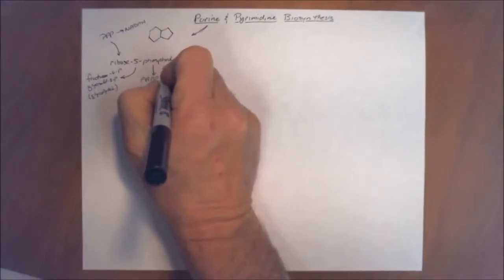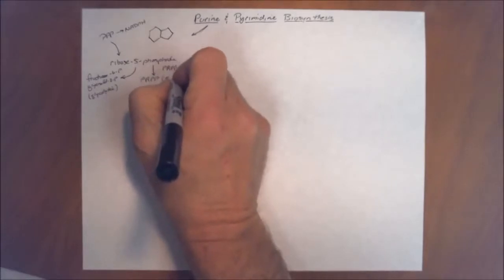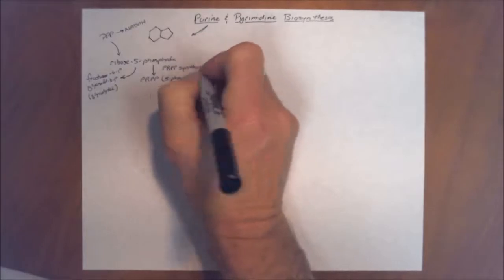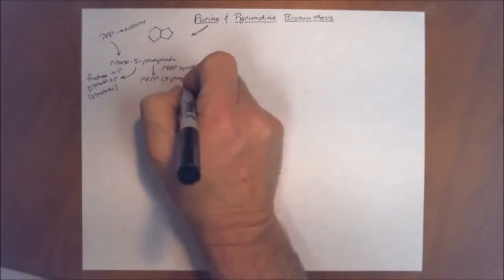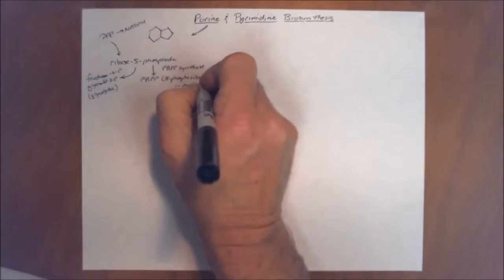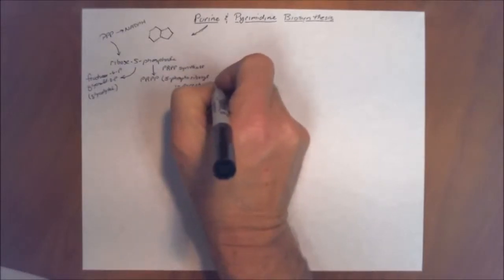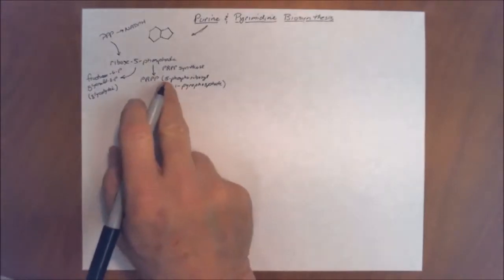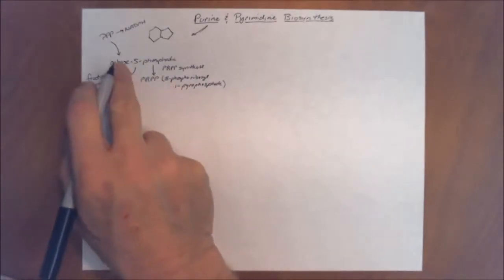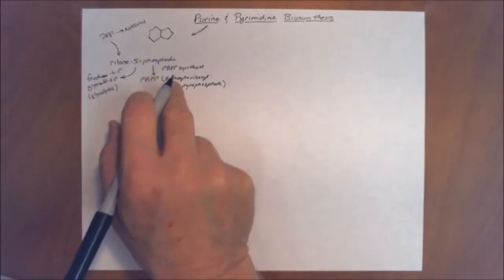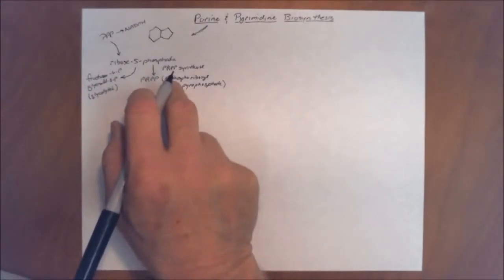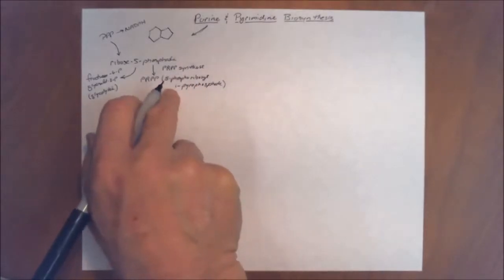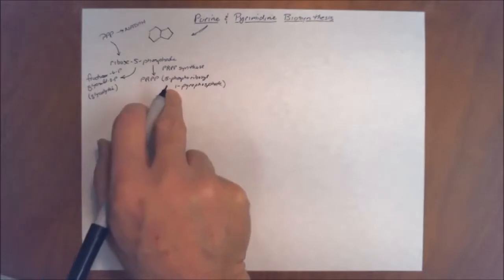PRPP stands for 5-phosphoribosyl 1-pyrophosphate. Essentially what we are doing is maintaining the 5-phosphate group on ribose, which is going to be used for linking nucleotides in the DNA and RNA synthesis process, but we are also now adding pyrophosphate, 2 phosphates, on the number 1 carbon.